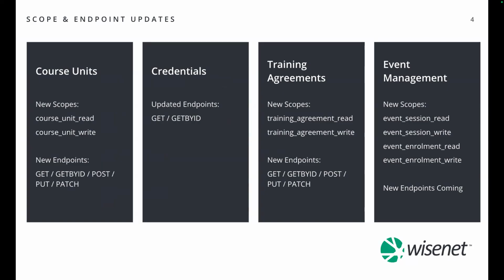So to get us kicked off, the scope and endpoint updates that have occurred over the last 3 months is we brought in the new course units entity. This came in when we did the course and unit unification piece of work. There were two new scopes added at this point in time, so course unit read and write, as well as the complete set of endpoints, both the gets, the post, put, and patch.